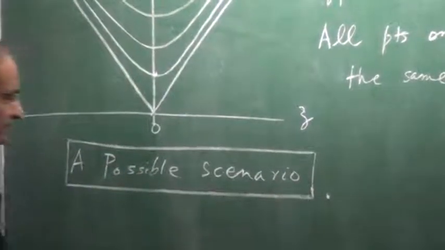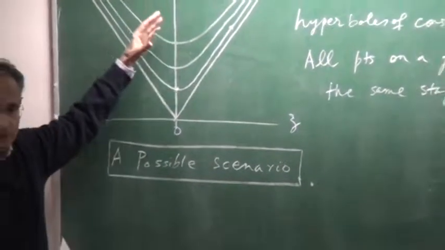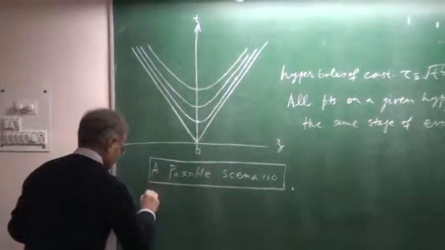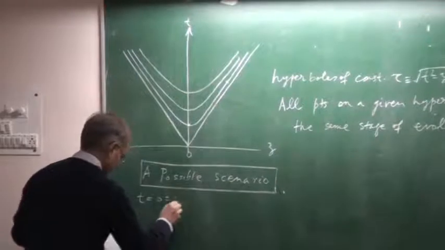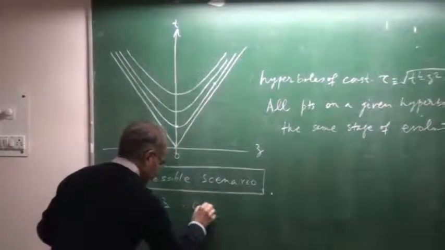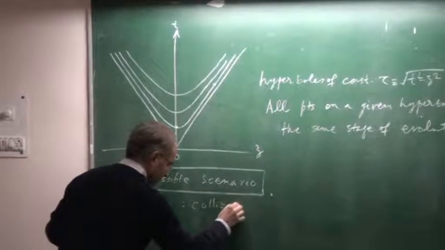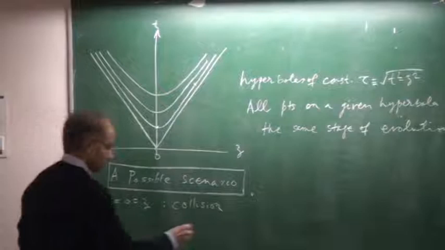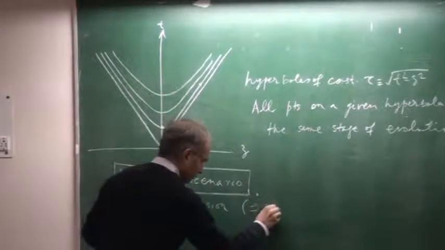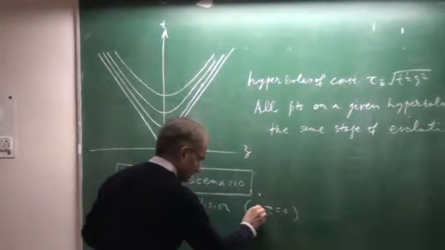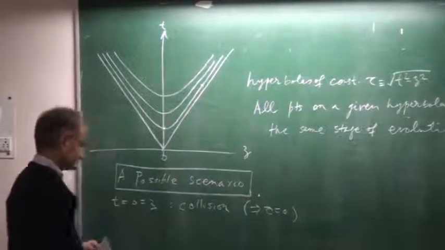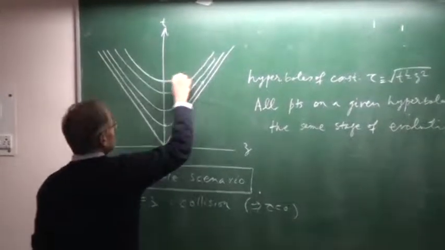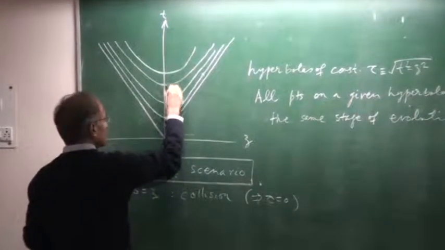Let us chalk out how the system evolves. This is the possible scenario. T equal to 0 equal to Z. This is when collision happens. So of course this implies tau is 0. Then let me number these, like 1, 2, 3, 4.